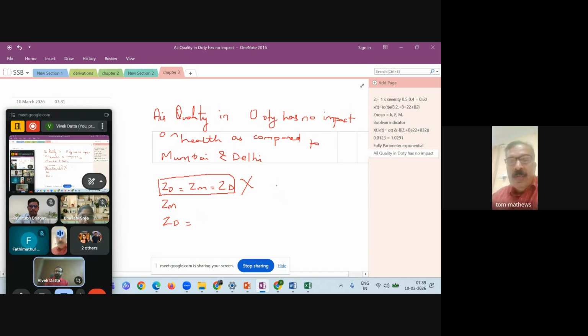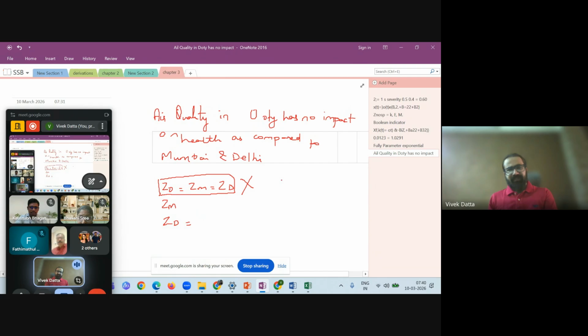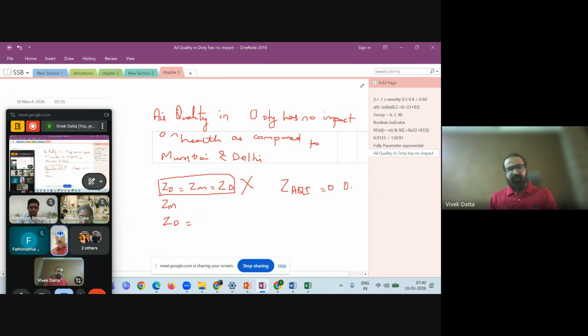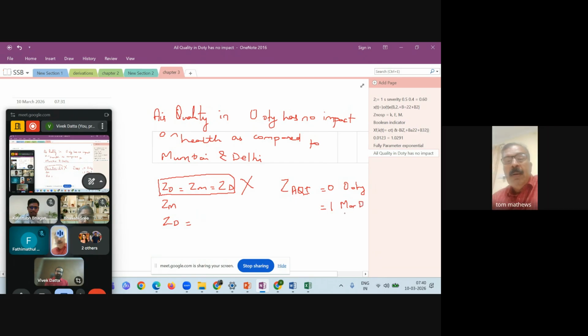We are defining Z as good air quality. Then Z is equal to 0 if it is Ooty, and Z is equal to 1 if Mumbai or Delhi. Okay, so you said Z is good air quality, equal to 0 for Ooty and 1 for Mumbai, or Z is bad air quality.